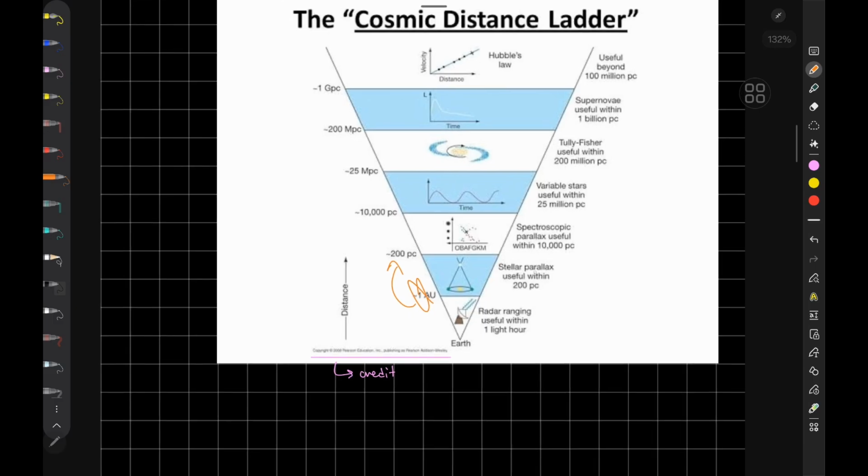Something that is about 200 parsecs away, within the limit of it, we use stellar parallax. Stellar parallax is basically, as we rotate, and this is not in your syllabus, we get to see an object at different angles, and based on the angle we look at it from, we make an intersection point, and based on that intersection point, we understand how far the object is from us.